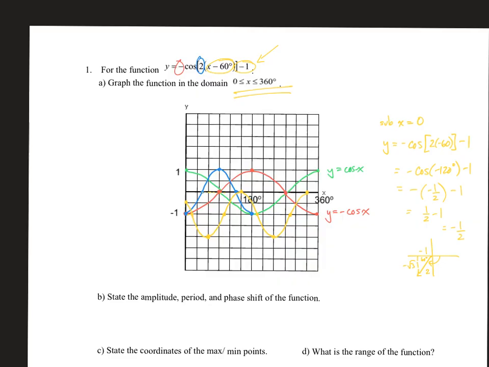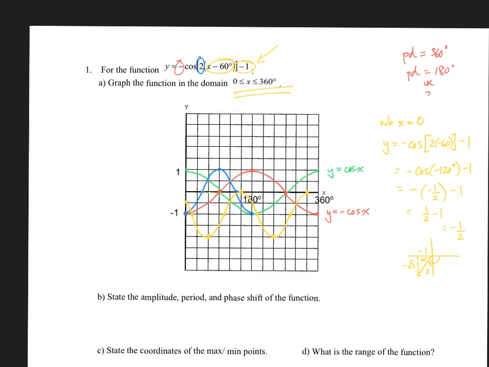Now, before we feel like we have to do the same thing at the end of our domain, we don't. Because I know that my normal period for my cosine curve is 360 degrees. And if I do a horizontal stretch by a factor of 1/2, I know that my new period is going to be 180 degrees.